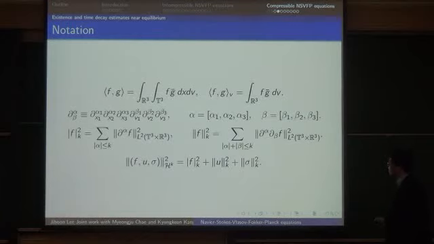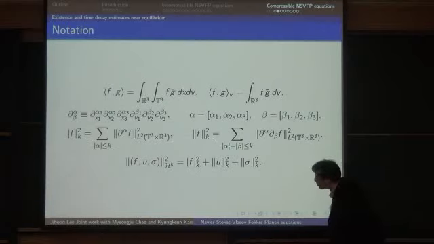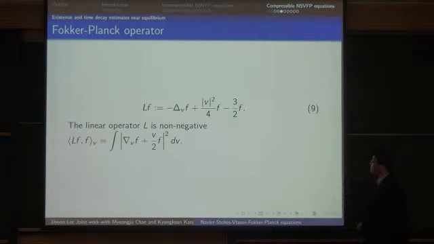Also these are multi-index notations for partial alpha beta, and we can define a norm like this. Also this is the linearized Fokker-Planck operator, and this operator is non-negative. If we consider L f, f, then we have this one.